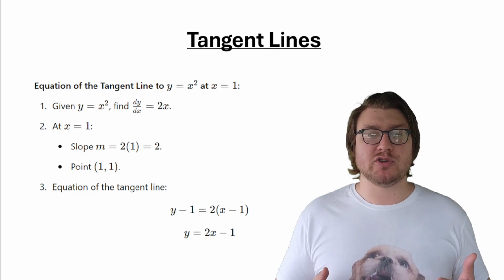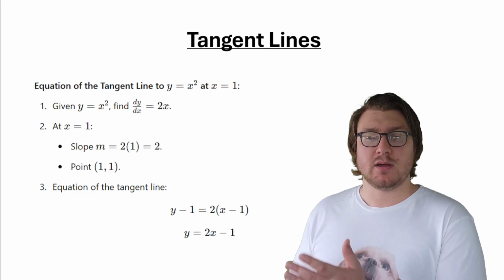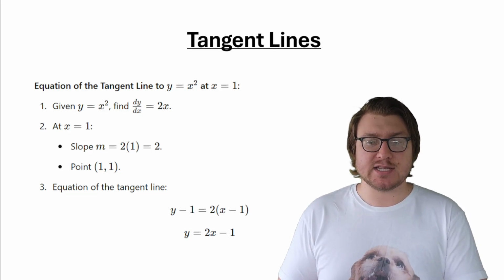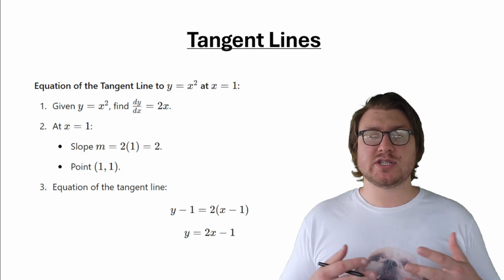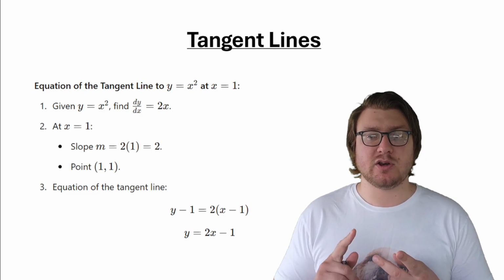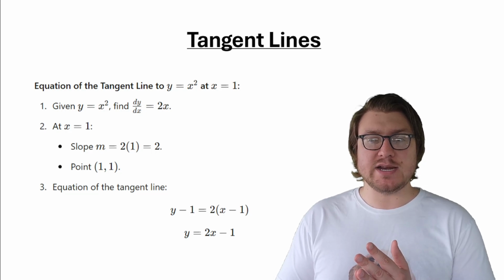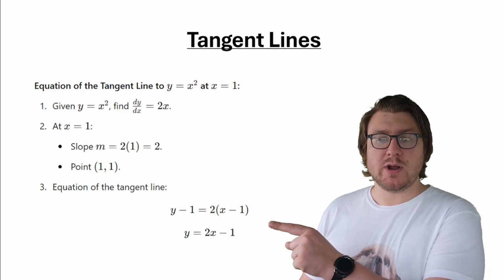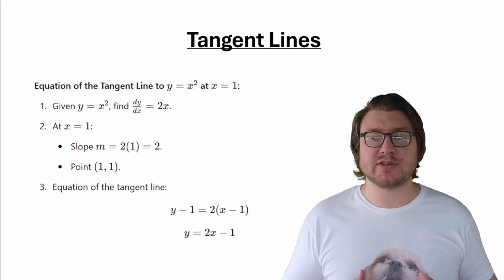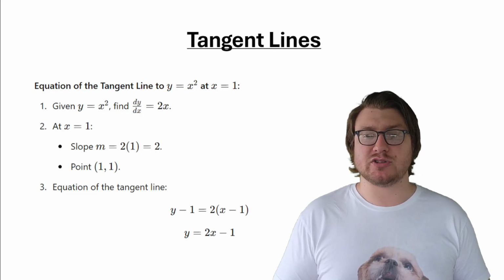Now we just use the formula that we've just seen: y minus y1 equals m times x minus x1. And now we substitute our values in, our point x0 and y0, and our gradient of 2. We can expand our equation to get the standard form, which you should leave as your final answer for the equation for the tangent line.